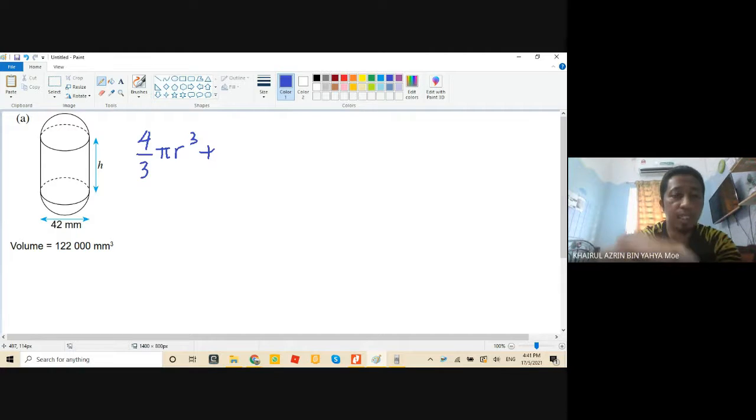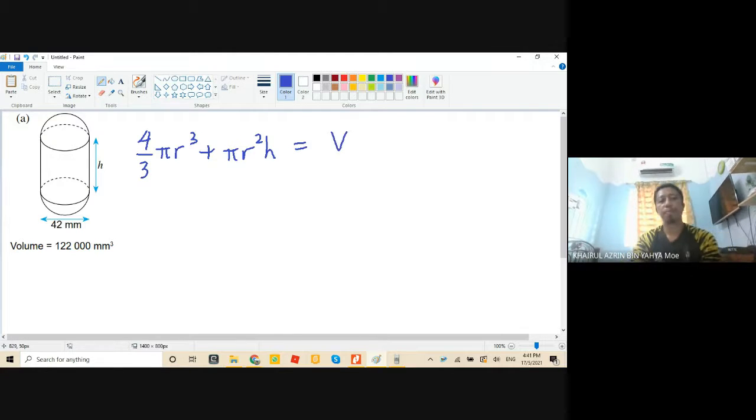The volume of a cylinder is the base area, pi r square, times the height h, and this is equal to the volume. Let me check whether the question has given the value of h or not. I think the question didn't give the value of h. Okay, no problem.